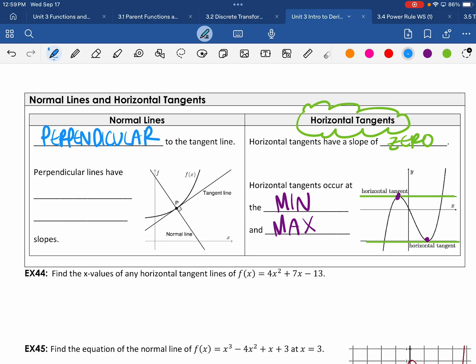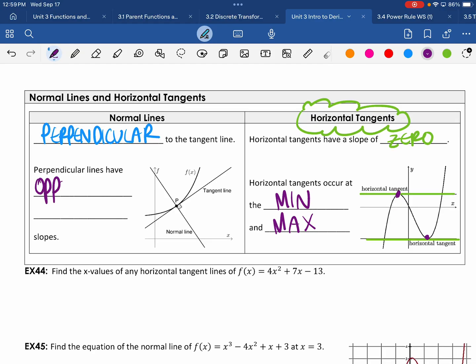Your professor in college might talk about it, so I wanted to at least mention it. And of course, we've already said that perpendicular lines have opposite reciprocal slopes. You might see something about perpendicular lines on the AP test, so they might say something about perpendicular and you have to know that it's opposite reciprocal.